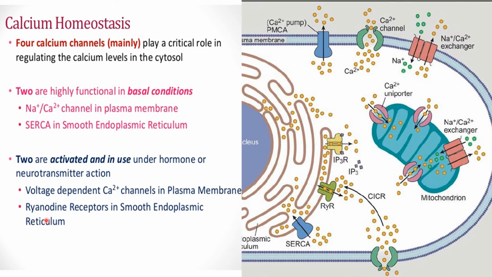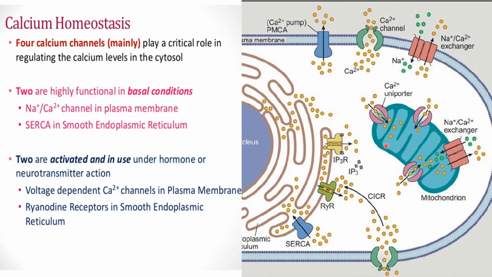Likewise, another is the ryanodine receptor, RYR, in the smooth endoplasmic reticulum, which is also working for the efflux of calcium ions. There are many other uniporters or exchangers present, like here in the mitochondria, where you can see the exchanger and the import of calcium taking place.